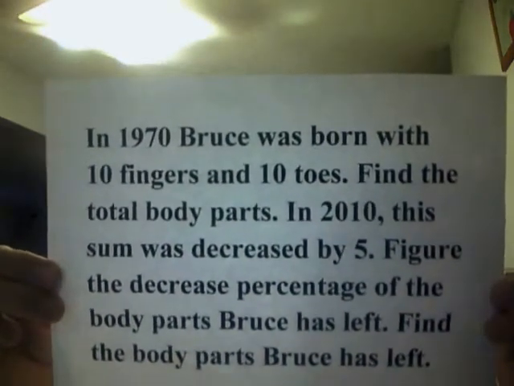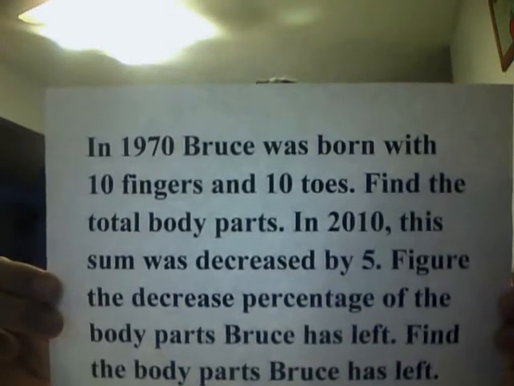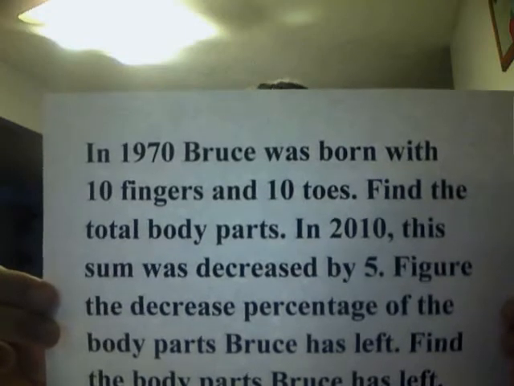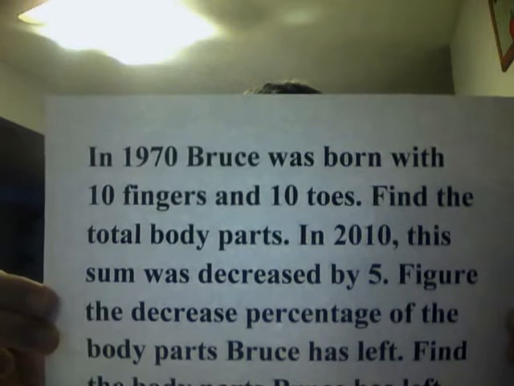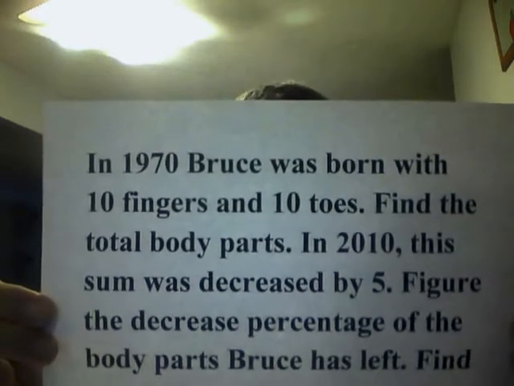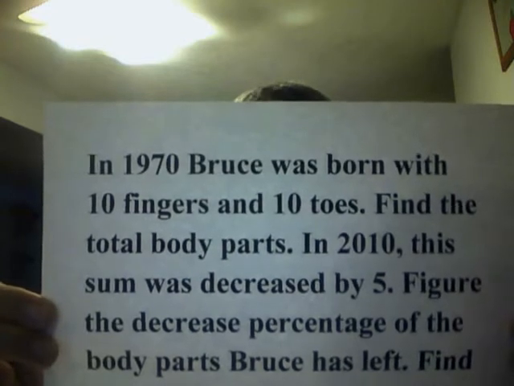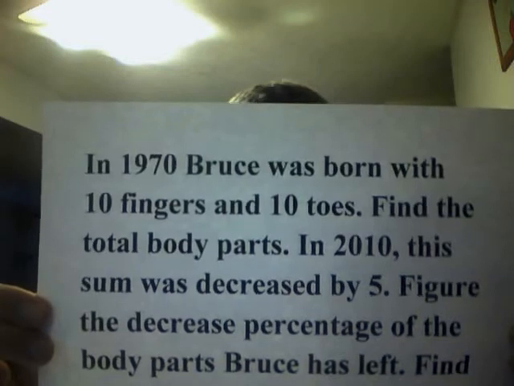In 1970, Bruce was born with 10 fingers and 10 toes. Find the total body parts. In 2010, this sum was decreased by 5. Figure the decreased percentage rate of the body parts Bruce has left. Also, find the total body parts Bruce has left.